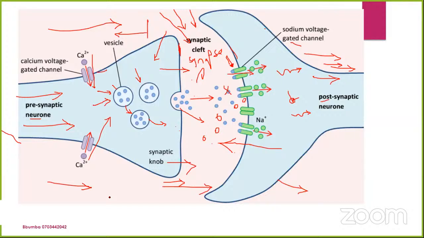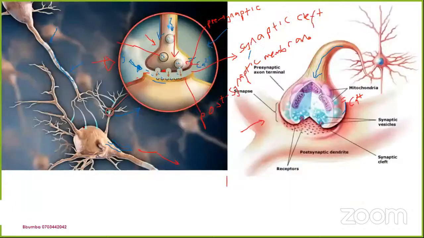Depends. Teacher Mosh says, teacher, I want you to differentiate for me the synaptic knob and the synaptic cleft. Synaptic knob, I don't know whether Mosh you understand Luganda. Okay, let me use this picture here. Synaptic knobs are these swellings like that.